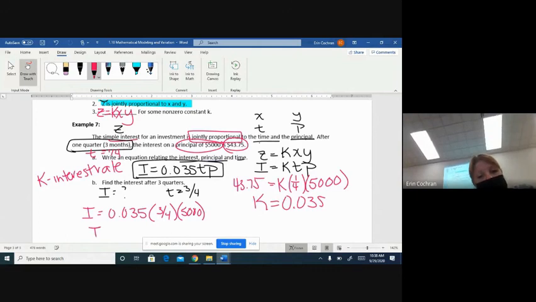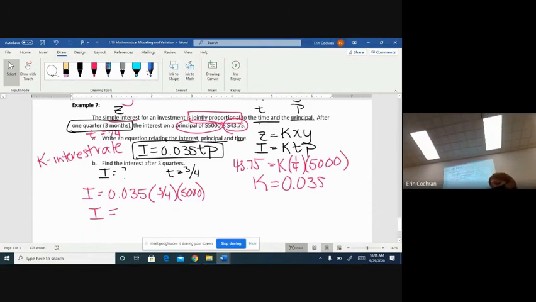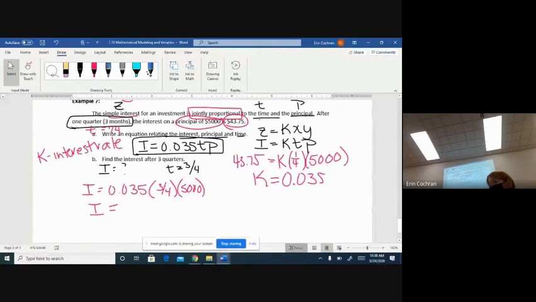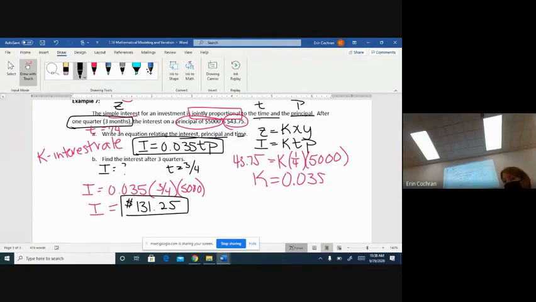So after 9 months, how much is my interest? 3/4 would be 9 months, right? What is my interest? It's money, right? Good. So after 9 months, I just gained $131.25.